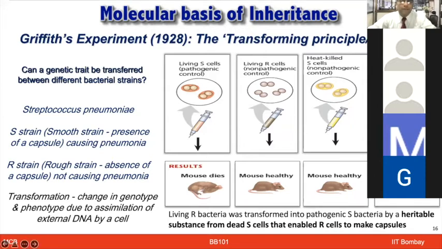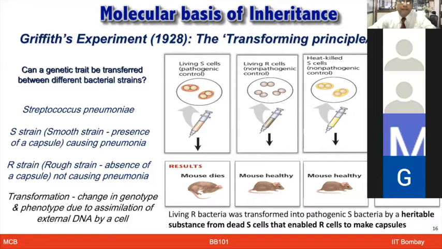The R cell is also non-pathogenic, but the two of them together were still able to cause the mouse to die. That led him to think that some factor got transformed from the bacteria with the pathogenic S trait, some substance that somehow got transferred to the R cell.